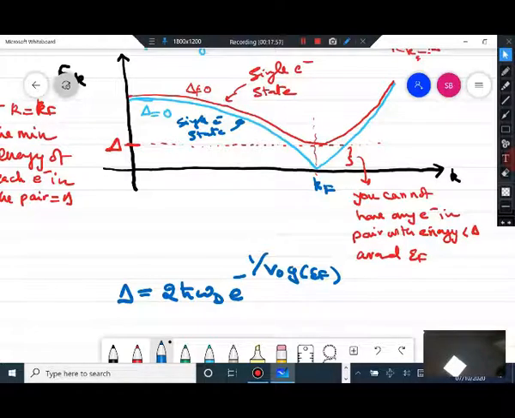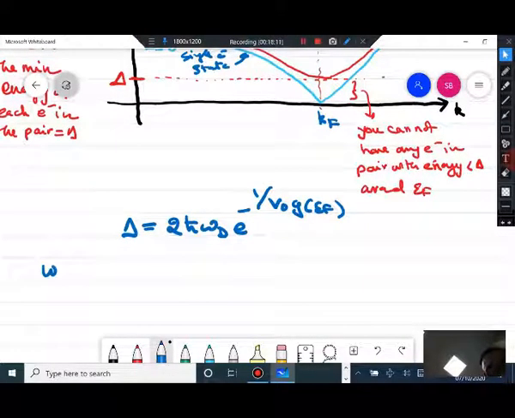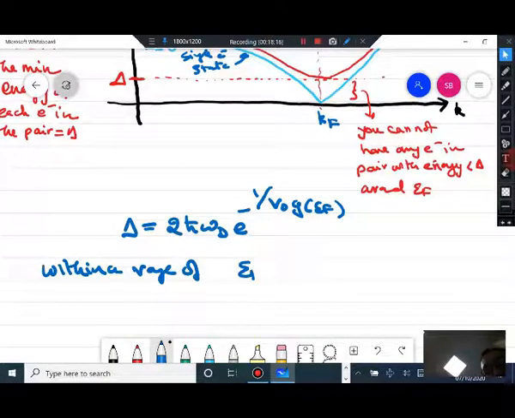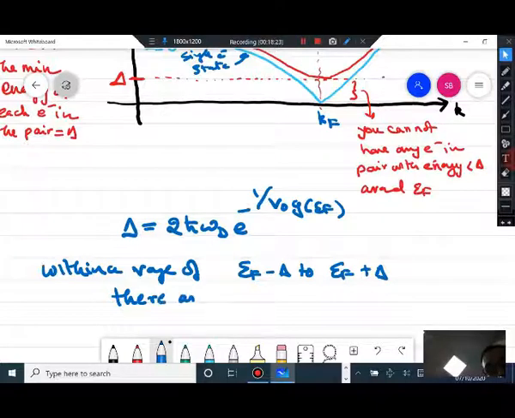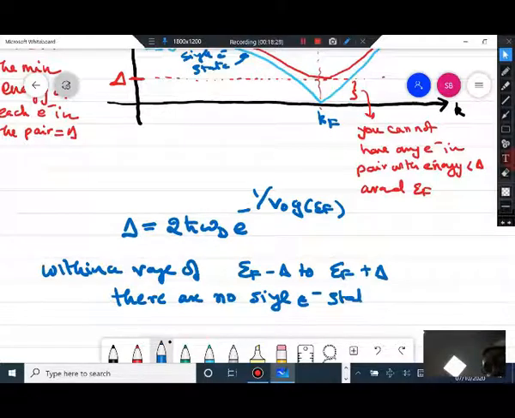You cannot have any electrons around the Fermi energy with energy less than delta. So within a range of EF minus delta to EF plus delta, there are no single electron states available.